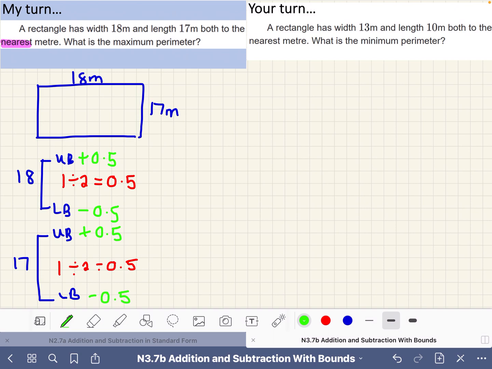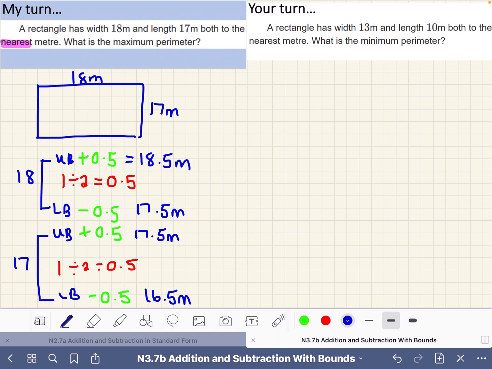So we have an upper bound of 18.5 metres and a lower bound of 17.5 metres. For the 17, our upper bound is 17.5 metres and our lower bound is 16.5 metres.